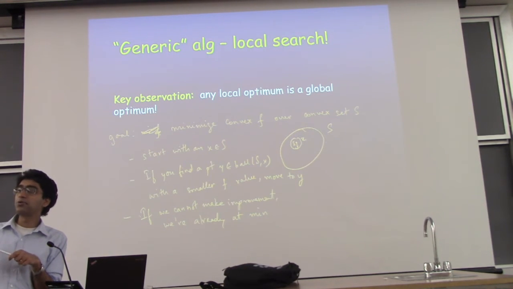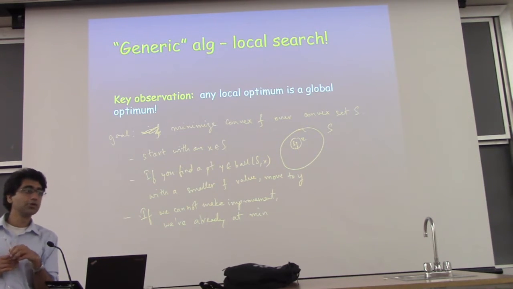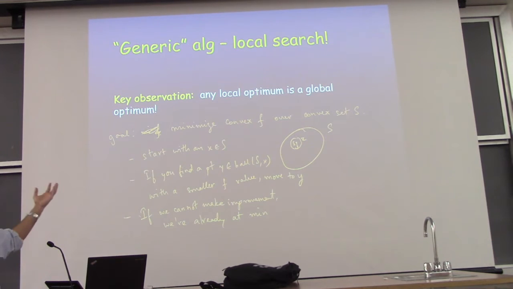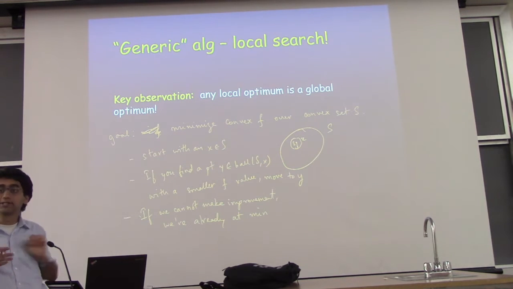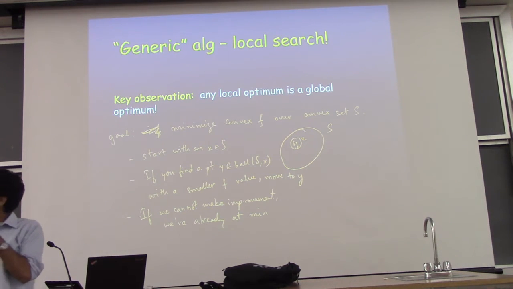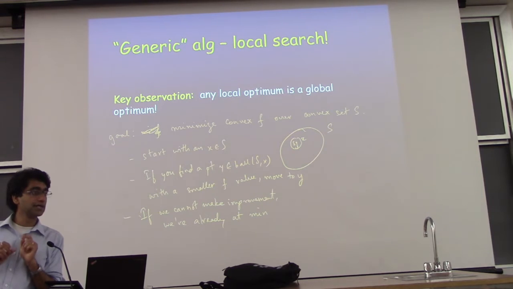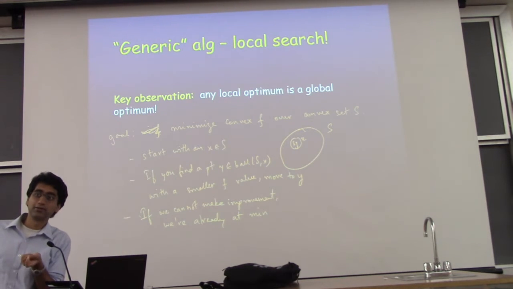So how would you prove such a statement? We are just trying to say that local search works. You explore locally around your point, and if you can't make an improvement, you declare that you are optimal. And we are saying that this simple algorithm is actually correct.